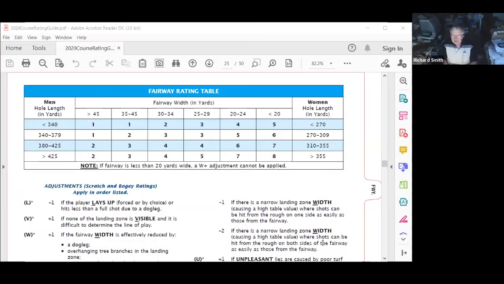Okay, this is the fairway table as it exists in the guidebooks as printed. And they go from greater than 45, and then they flip the direction around and go 35 to 45. Then they go to the next table and they flip again and go 30 to 34, et cetera, et cetera. Now, as a former teacher, that's not the way we teach kids to read numbers.